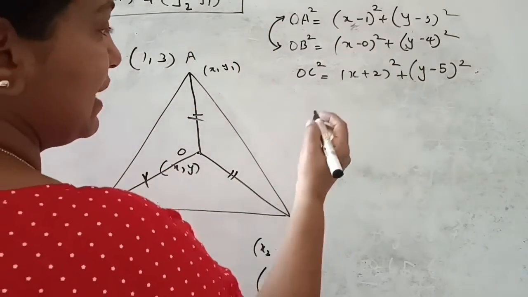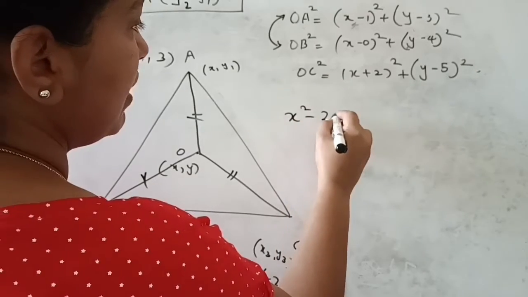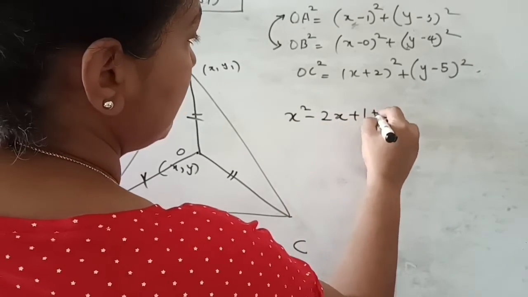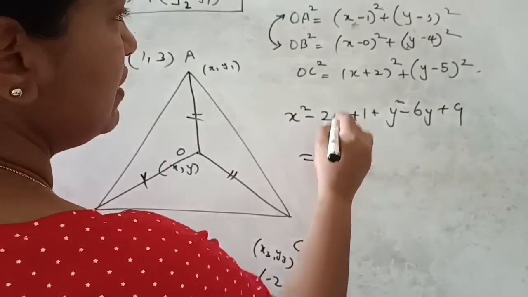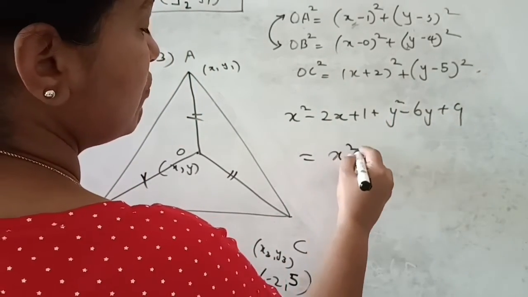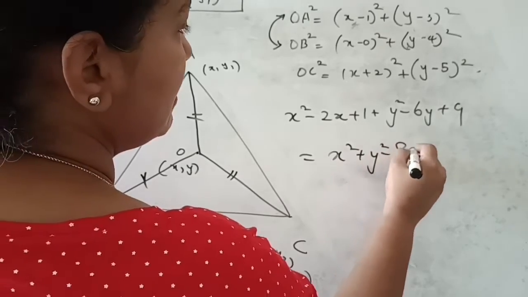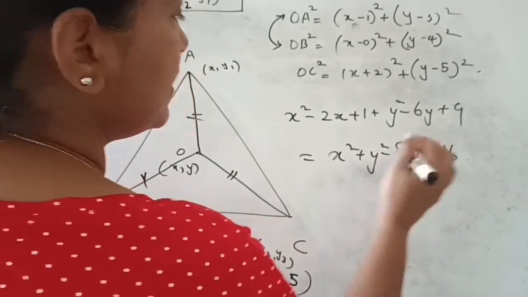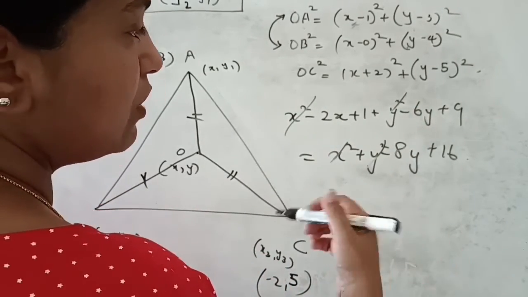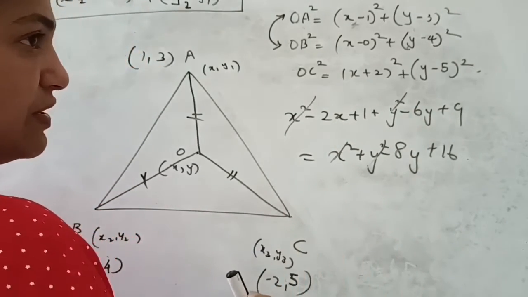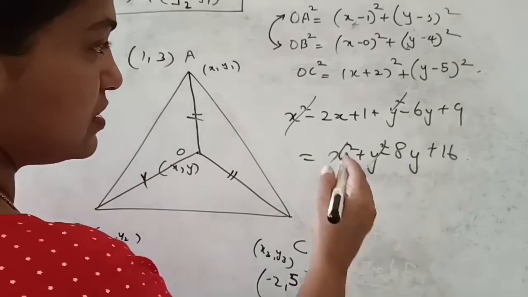Now, let me open the bracket here. I get x square minus 2x plus 1 plus y square minus 6y plus 9, which equals x minus 0 the whole square, that is x square plus y square minus 8y plus 16. Let me cancel out the common factors. And now let me transpose the variables to one side and the constants to the other side.